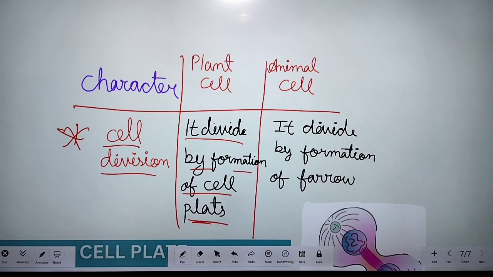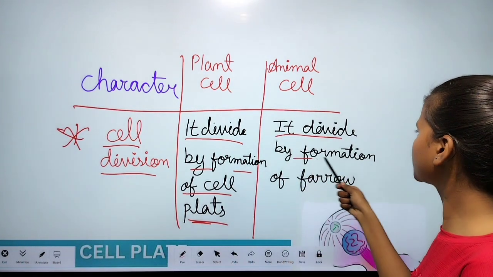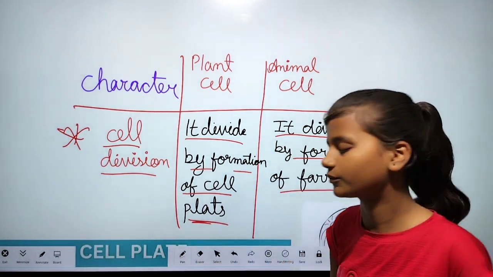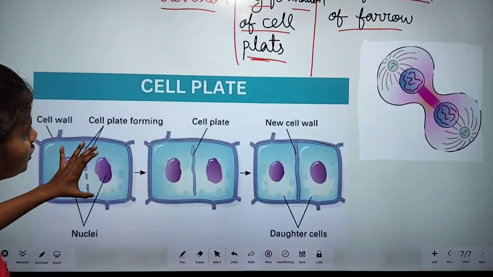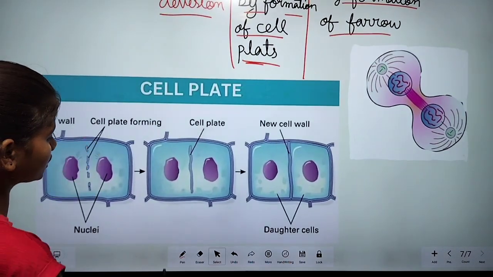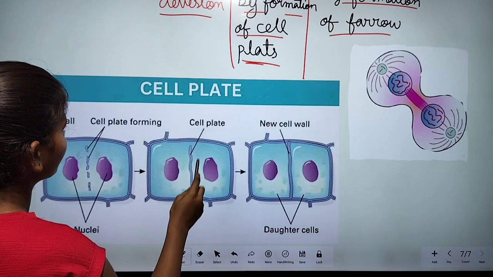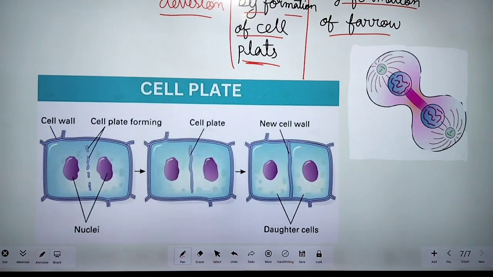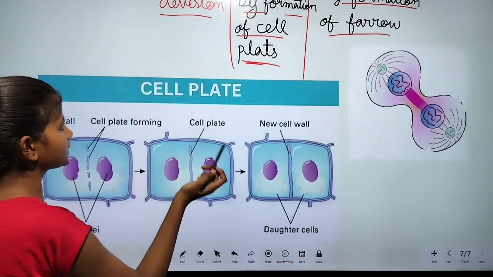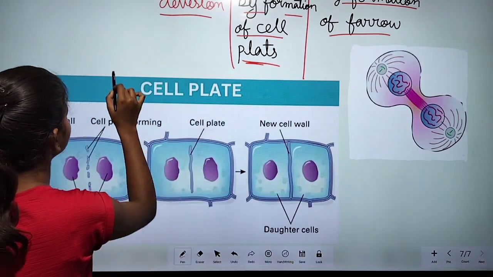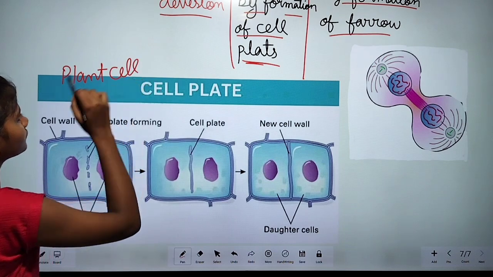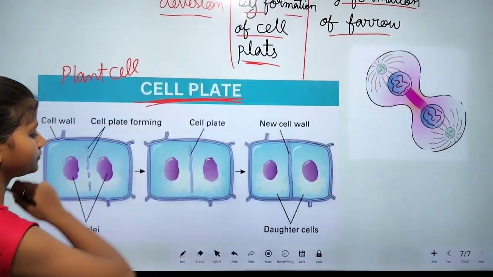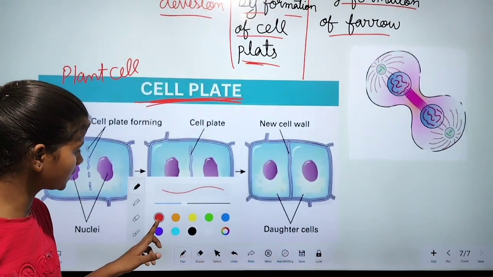And in animal cell it divides by formation of furrow. Here you can see the image of cell plate formation, which is present in a plant cell.